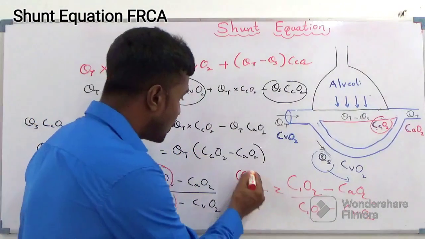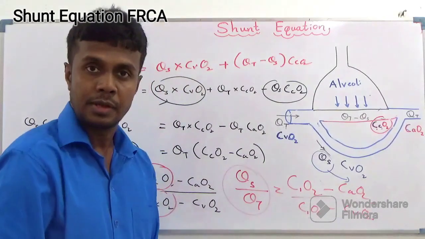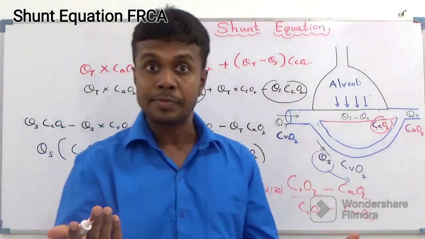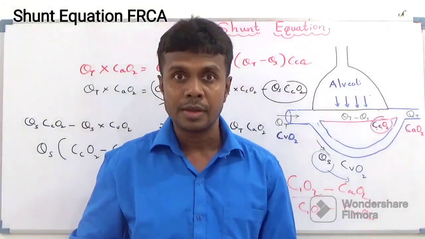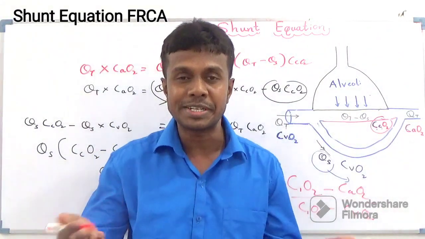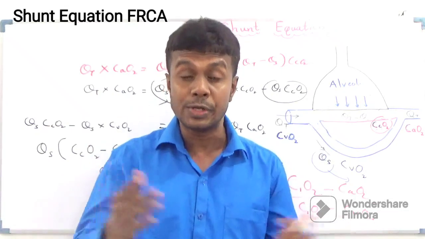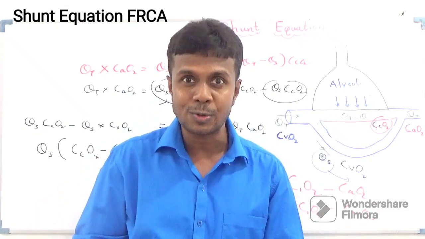This is how you calculate the shunt fraction. If you multiply it by 100, you get the percentage of shunt. What is the usual normal percentage of shunt? In a healthy individual, it is about 5 to 10%.